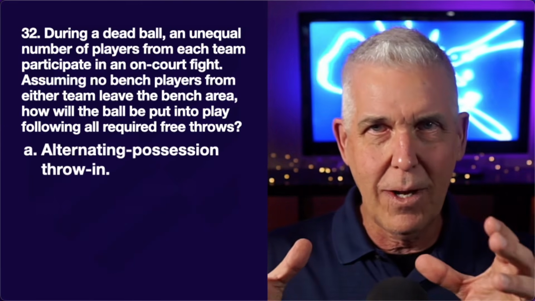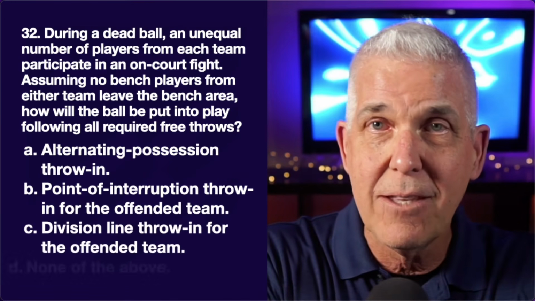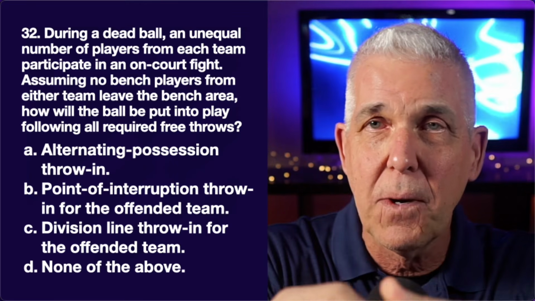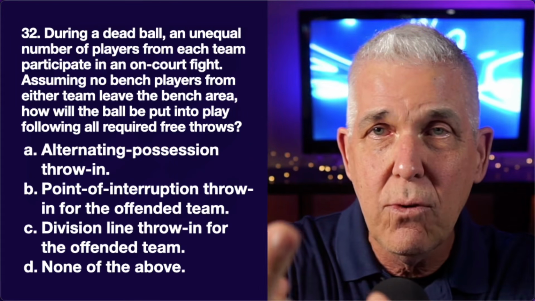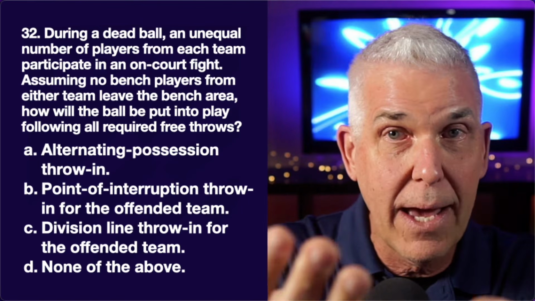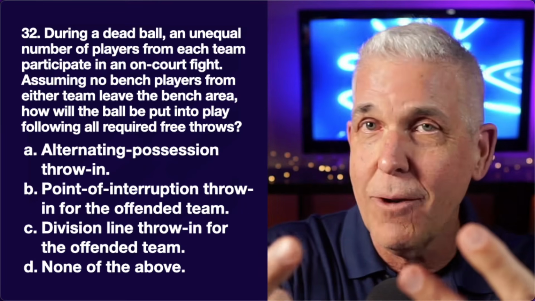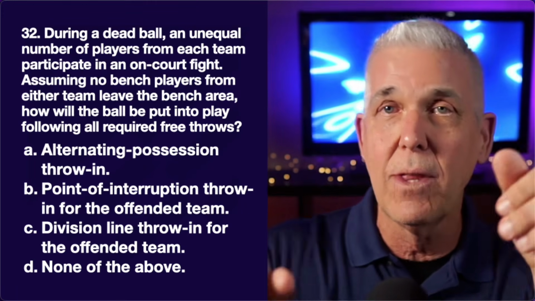Okay, so what has occurred? On the court, there has been a fight, and there have been an unequal number of players participating, meaning 2 from white and 1 from black, 3 from white, 1 from black, 2 from black, 1 from white, right? There's been an unequal number.